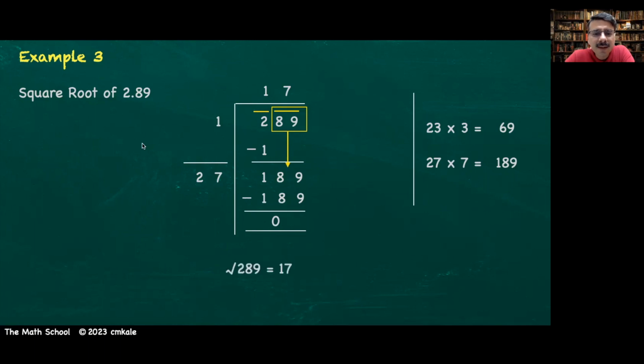So we just adjust this decimal in this form. So the square root of 2.89 has to be 1.7. Because when 1.7 is multiplied by 1.7, you will have two decimal places in the solution, and therefore, in the reverse logic, we convert it into one decimal place in the square root. So the square root of 2.89 is 1.7.